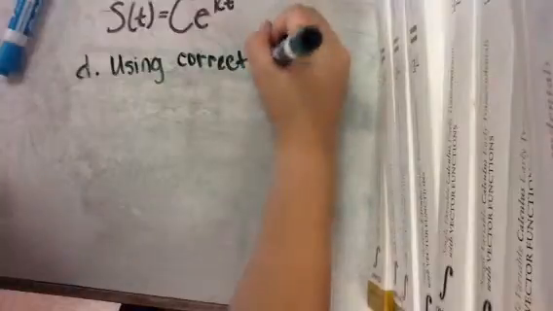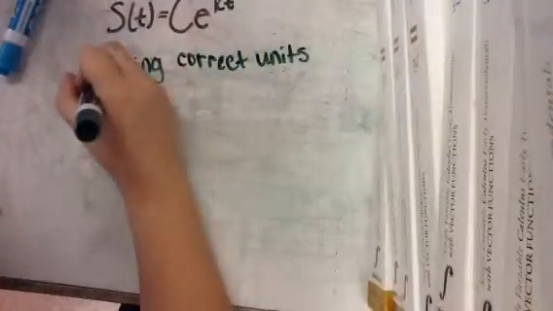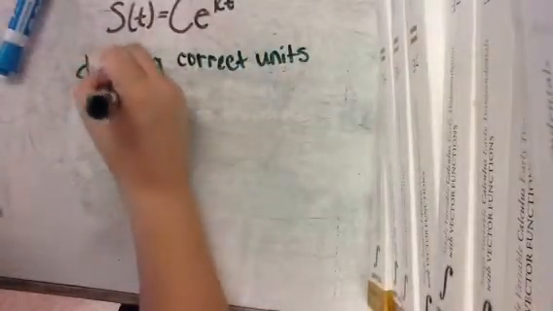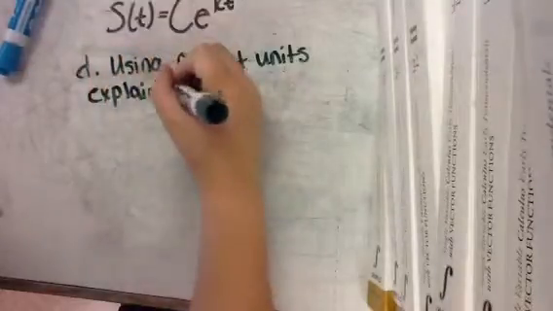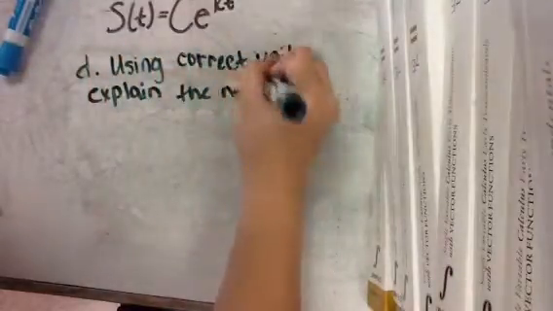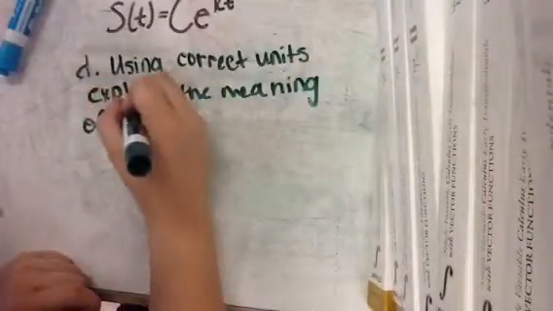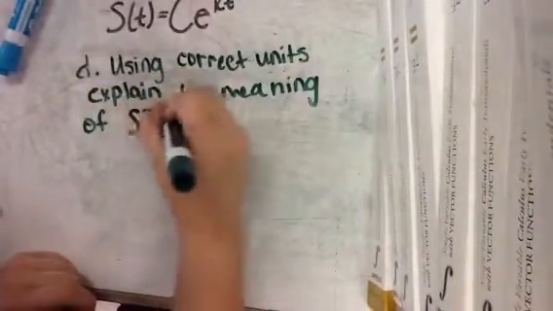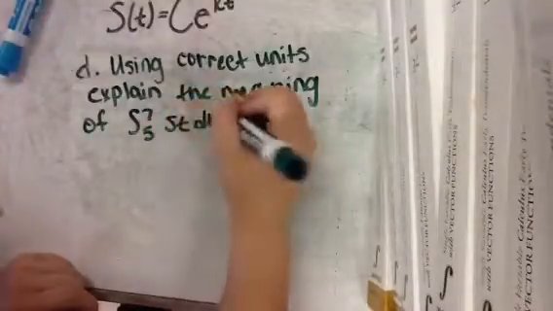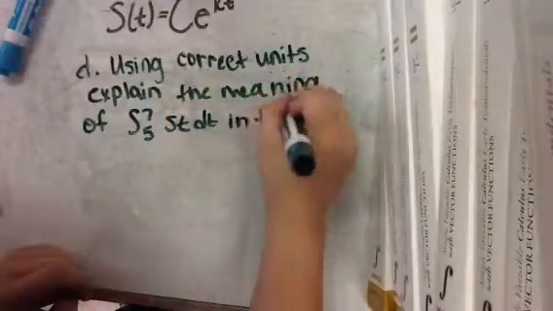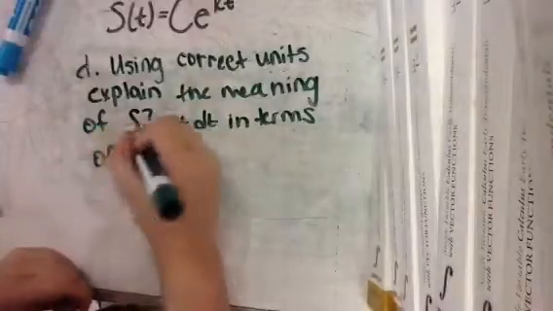Part D says using the correct units, explain the meaning of the integral of 5 to 7 of S of t dt in terms of cola consumption.